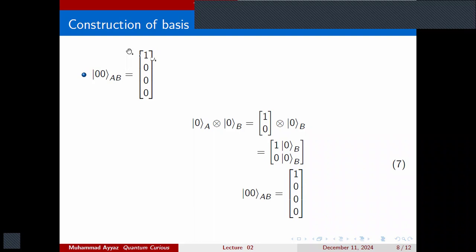So this basis state of the four-dimensional vector space could be derived with the tensor product of two state vectors of two-dimensional vector spaces, and we end up with the same results. So it is a very nice application, so that it can be used to build n-qubit states with the help of the tensor product.